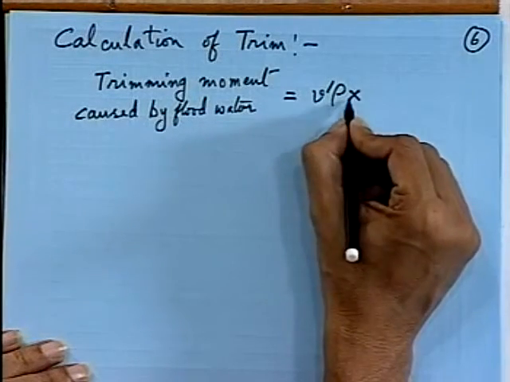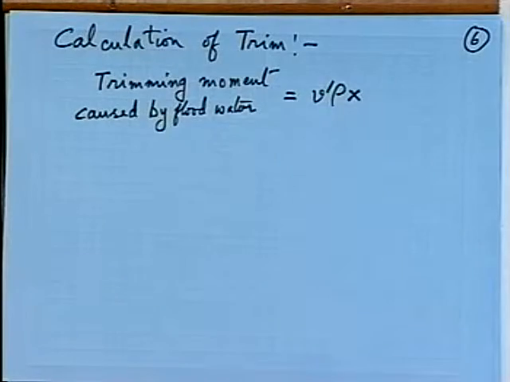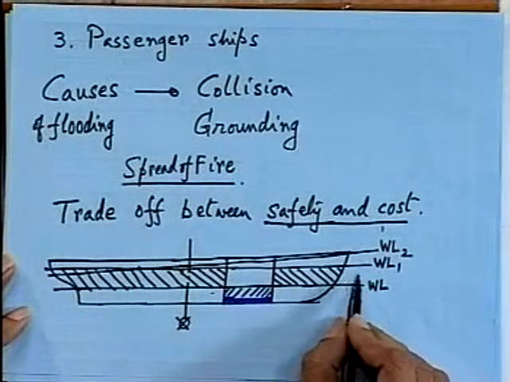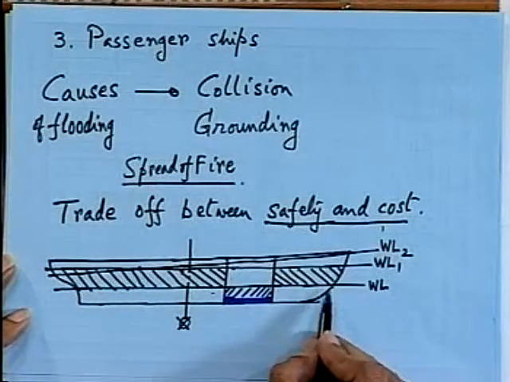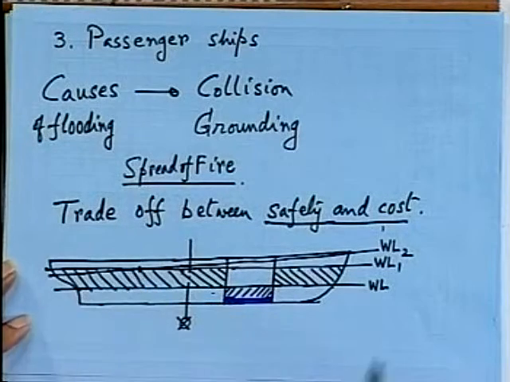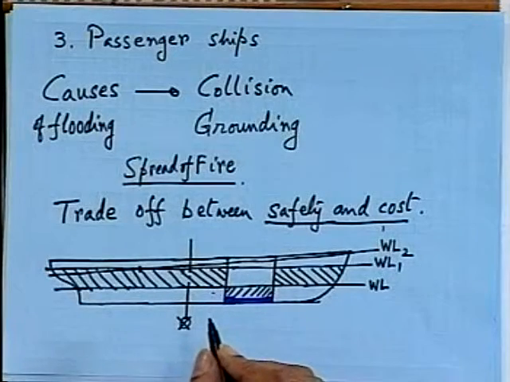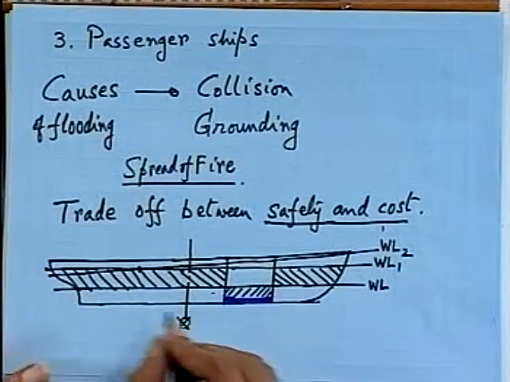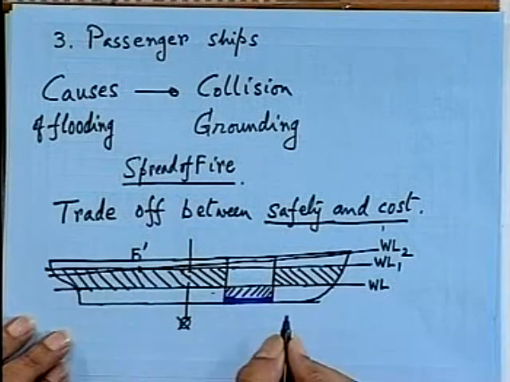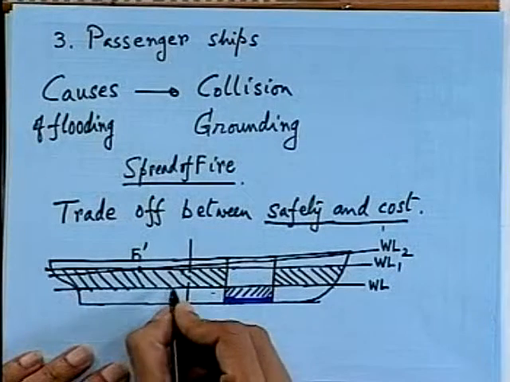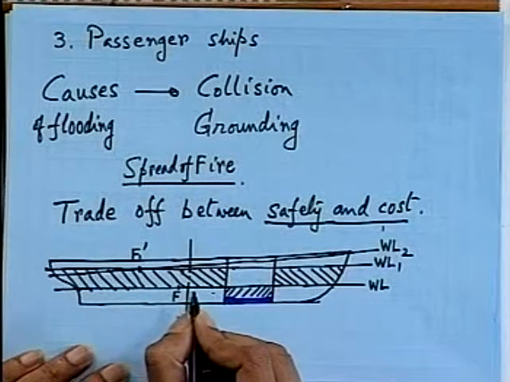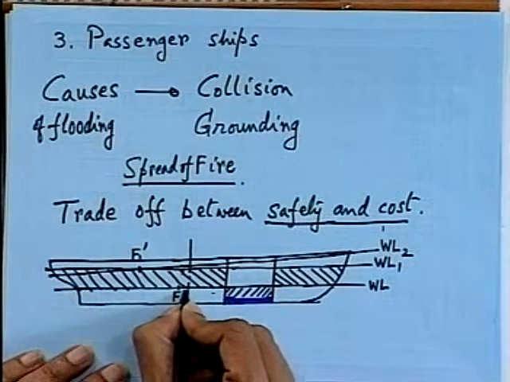Now x is the distance between the center of buoyancy of the flood water and the center of the parallel sinkage. Normally you can just have a rough guess. If I call this the center of flotation at this region, say this is F1 prime, and the center of flotation of the water line, say this is F. Sorry, F prime is for the damaged portion.